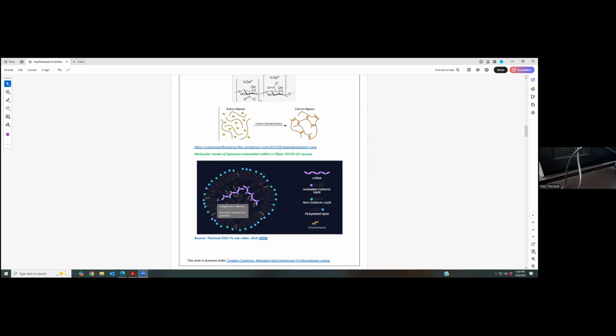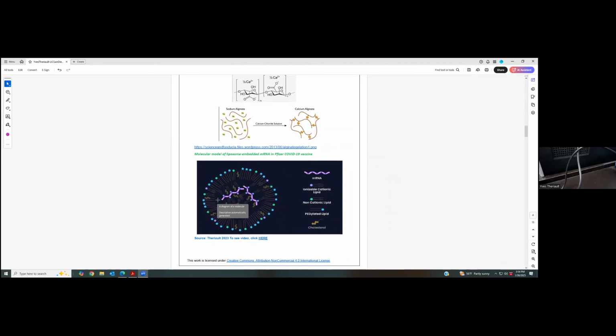So if you do the calcium alginate experiment, it's kind of cool because you can demonstrate how the spherification process can capture the colorant molecules. If you can capture colorant molecule, then you can capture also drugs, right?